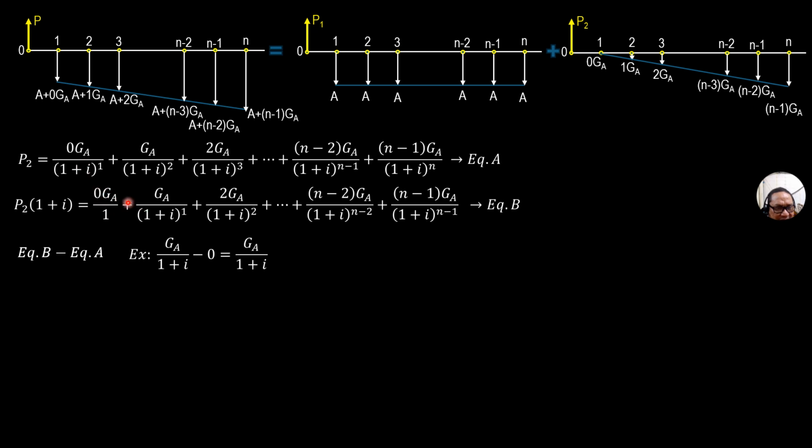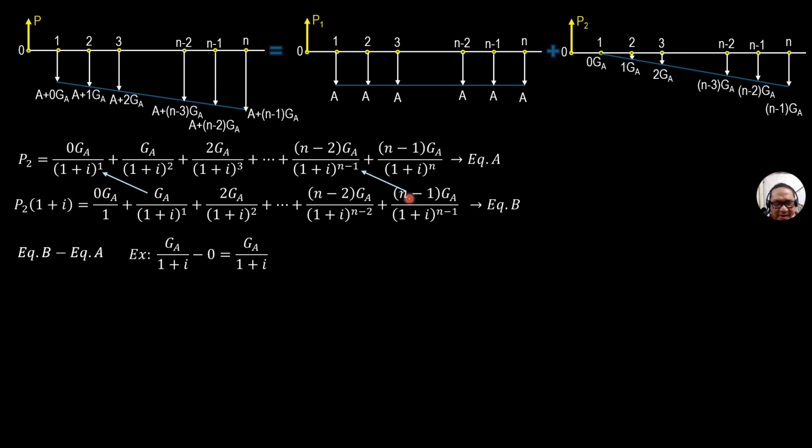The first term here should be G sub A over 1 plus I to the 1, so 0 minus G sub A over 1 plus I is G sub A over 1 plus I. Then for this last term, this one will not be part of the subtraction, so it should be no term minus that. So it would be negative in appearance after we subtract equation A from equation B.